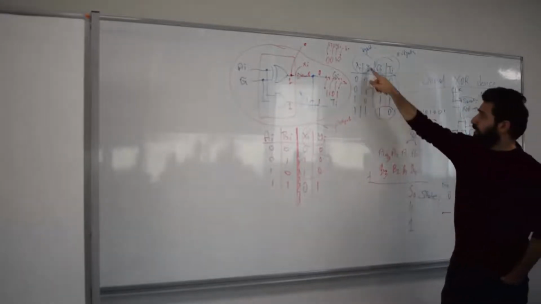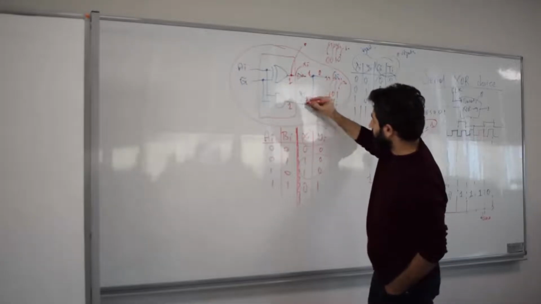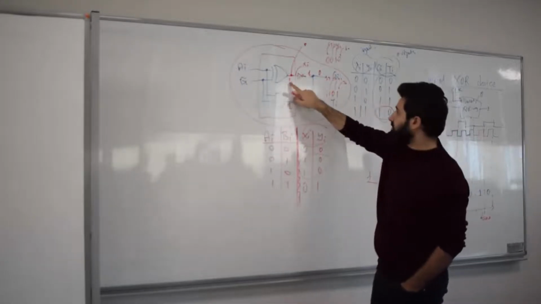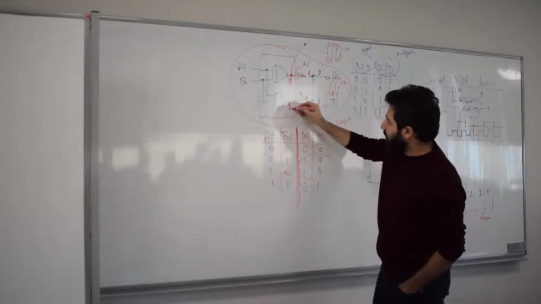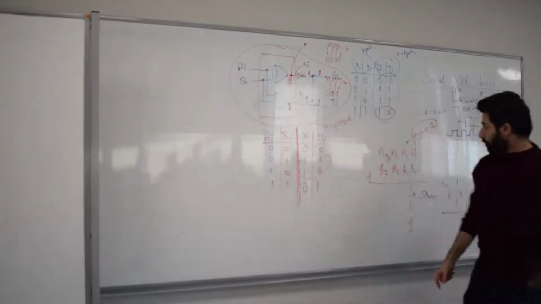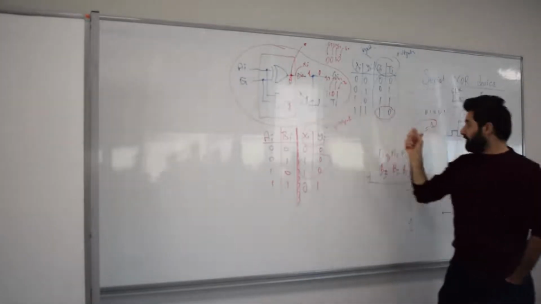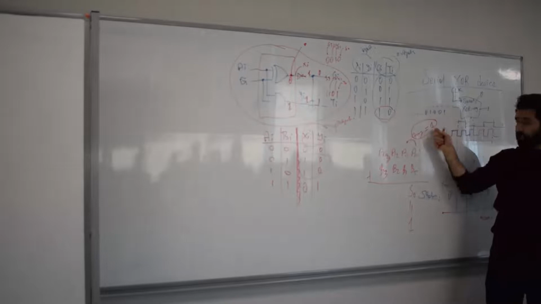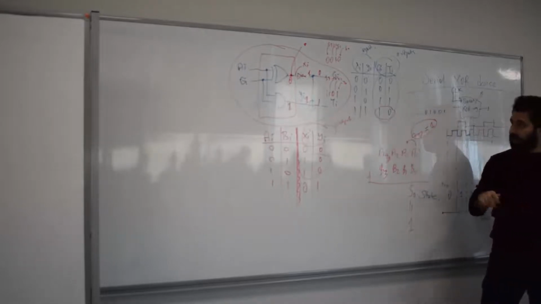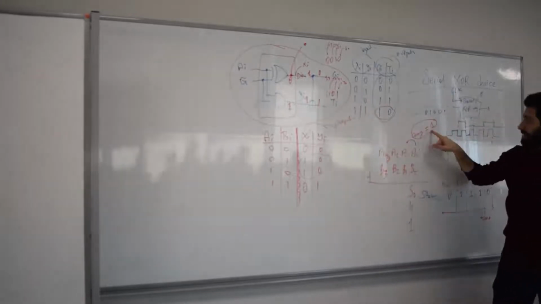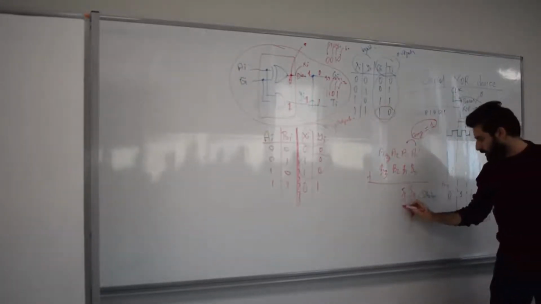I have 1, 1 in Xi and Yi, so this is 1, 1. But this is a NOT gate that makes it 0 here. So now I have got the XOR of A1 and B1 is 0. But I also have to XOR that with the carry that comes from the previous stage. So that means 0 XOR 1 gives you another 1 here. So that is S1. That is 1.